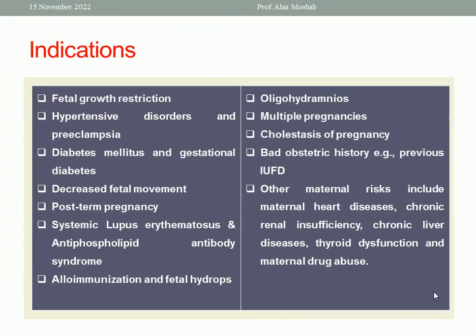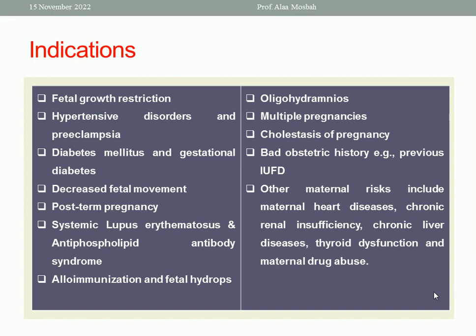What are the indications? There are many indications for using a non-stress test during pregnancy as a fetal well-being test, in cases of maternal diseases and obstetric complications, like what? Like hypertensive disorders with pregnancy, preeclampsia, fetal growth restriction, diabetes mellitus, decreased fetal movement, post-term pregnancy, systemic lupus, antiphospholipid syndrome, alloimmunization and fetal hydrops.